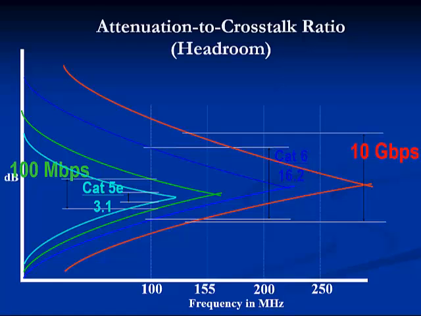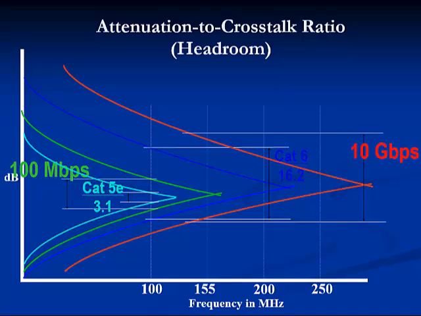For practical purposes, the ACR and true SNR are functionally identical except in environments with high levels of EMI, or electromagnetic interference. Let me talk about headroom. Because ACR represents the minimum gap between attenuation and crosstalk, the headroom represents the difference between the minimum ACR and the actual ACR performance values.